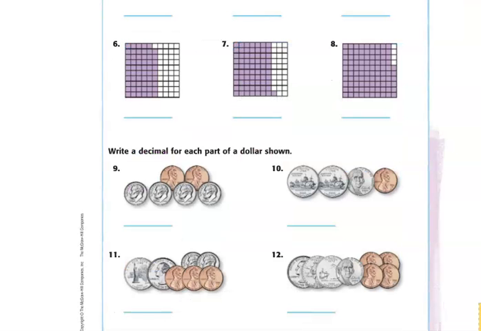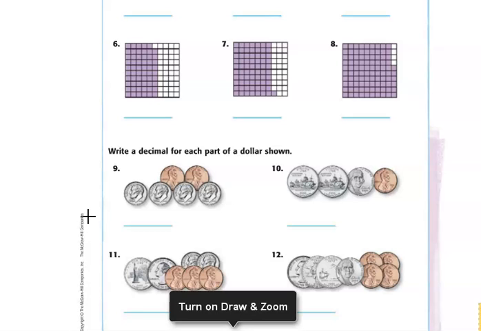Okay, so I've got some coins here, and I need to write the decimal for the coins that are shown. Okay, and it's easiest if I start with the largest coins. I see 10, 20, 30, 40.